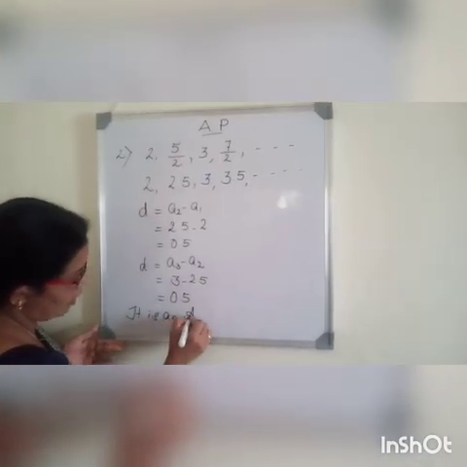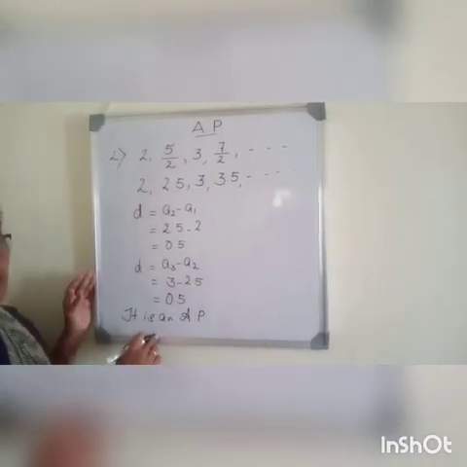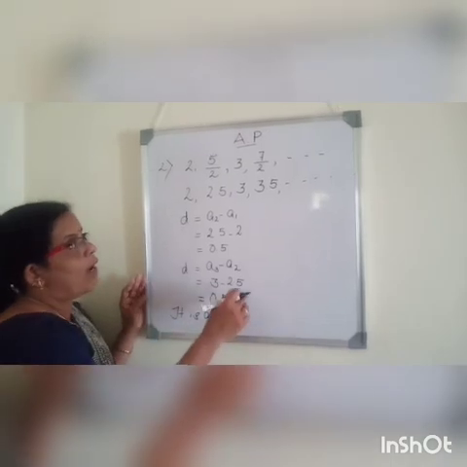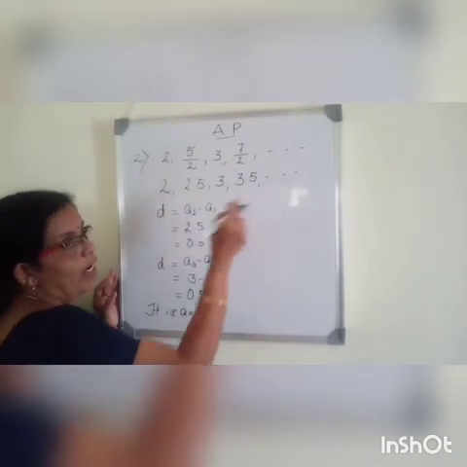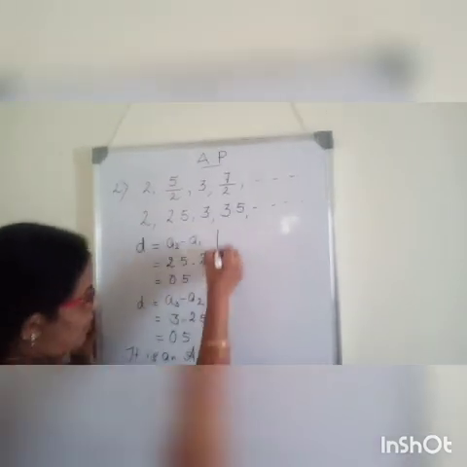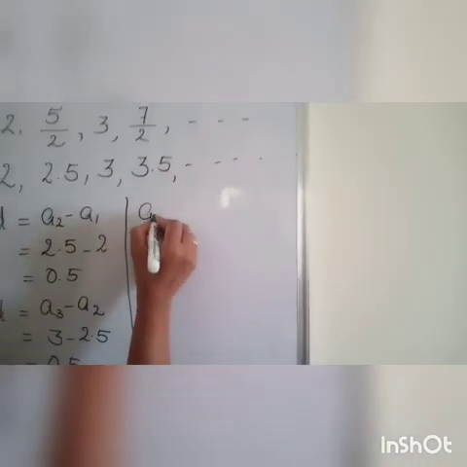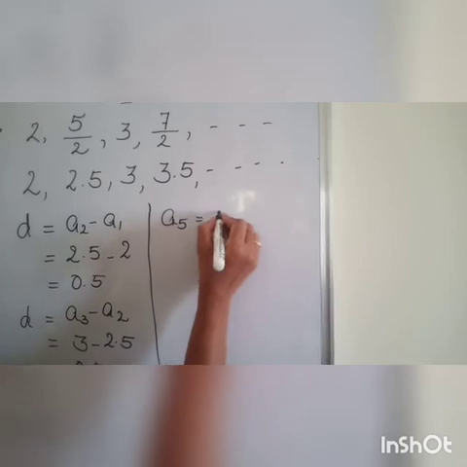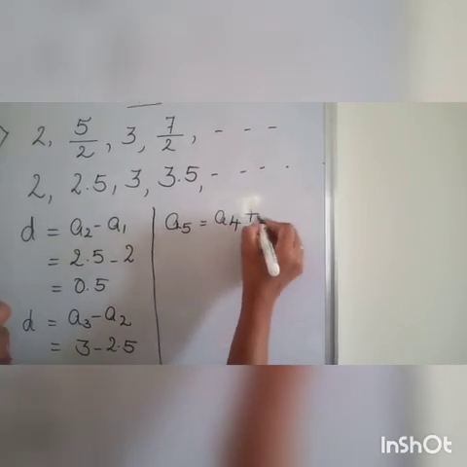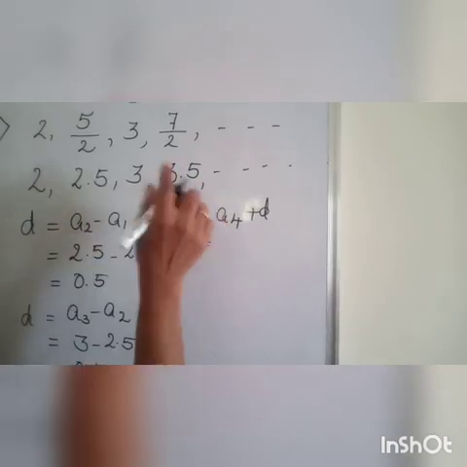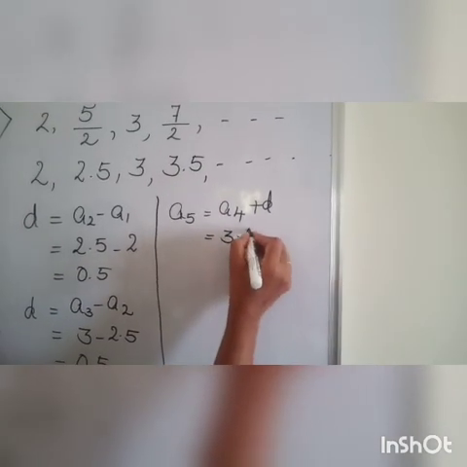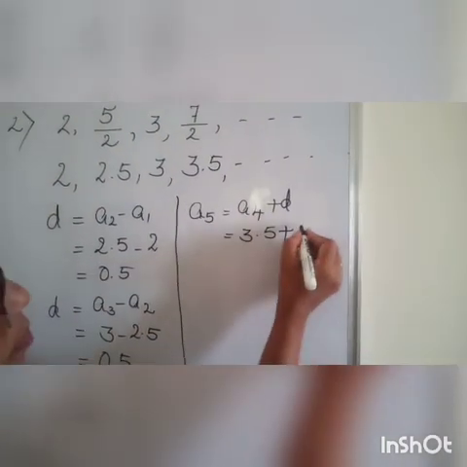Now if it is an AP, we have to find out 3 more terms. So to find 3 more terms, we already have 4 terms. So we have to find out the 5th term. As you all know, to find out 5th term, we will add 4th term and common difference. So 4th term is 7 by 2. Shall I write 3.5 plus common difference 0.5.